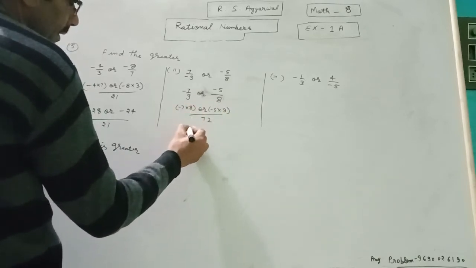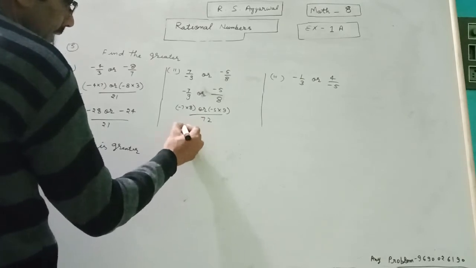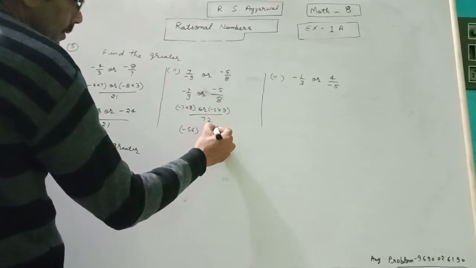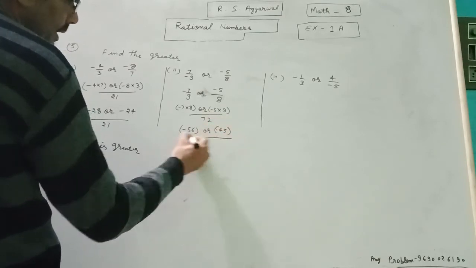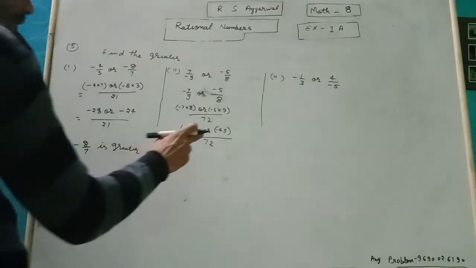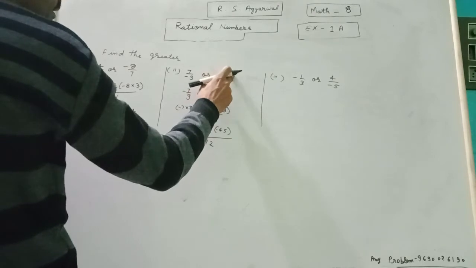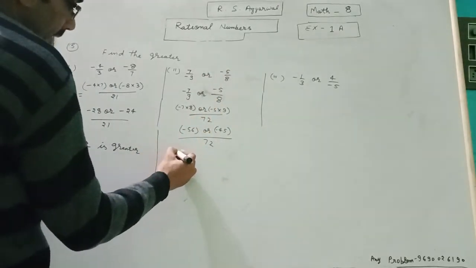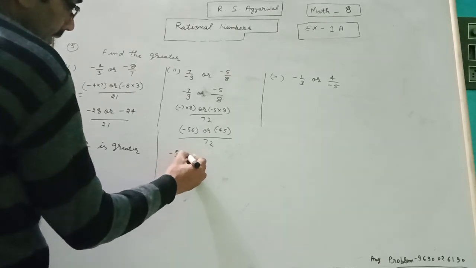After multiply, minus 56 or minus 45. Minus 45 will be greater. Minus 45 means minus 5 upon 8 is greater.